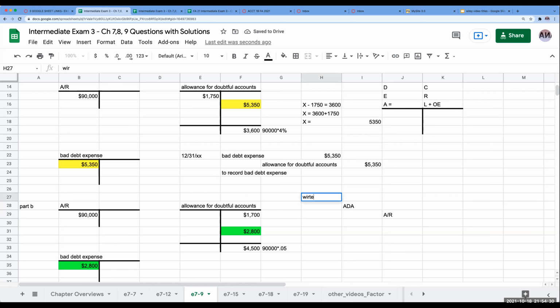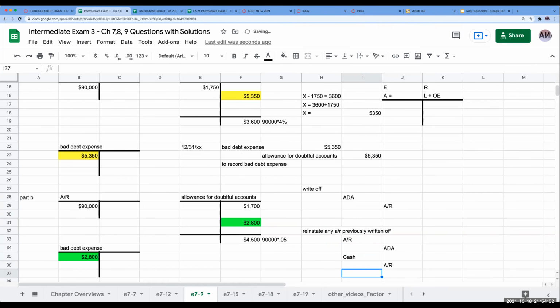Next, reinstate any AR previously written off. To do this, I have to reverse the write-off: I debit accounts receivable, credit ADA, debit cash, and credit accounts receivable.